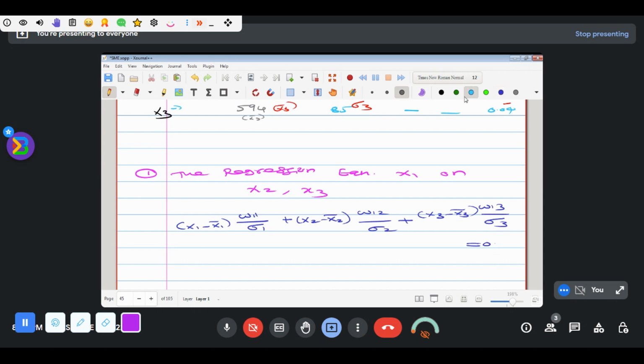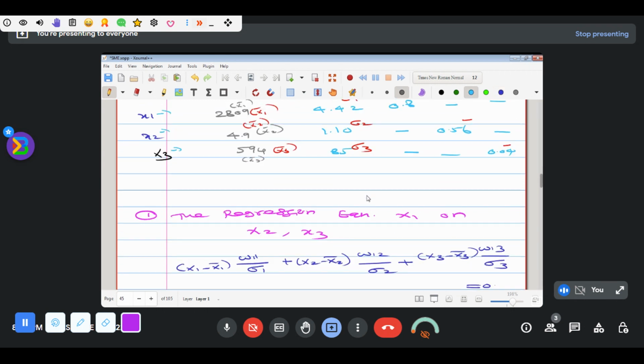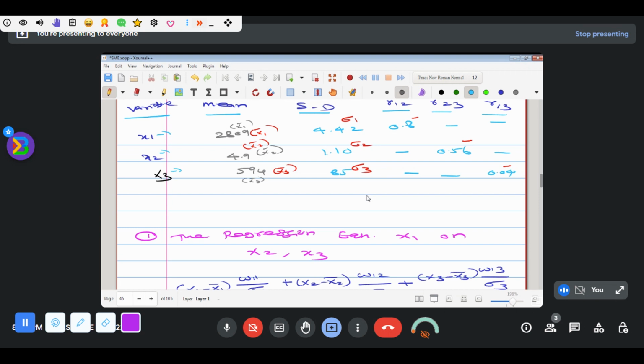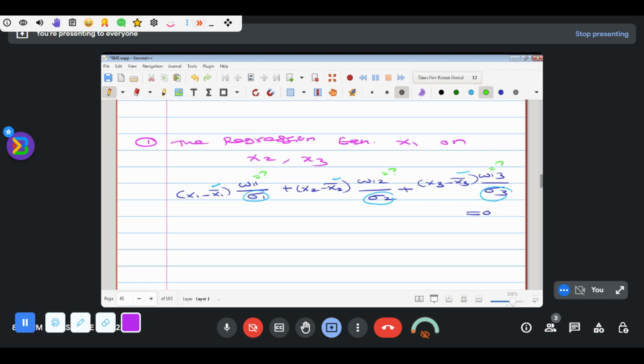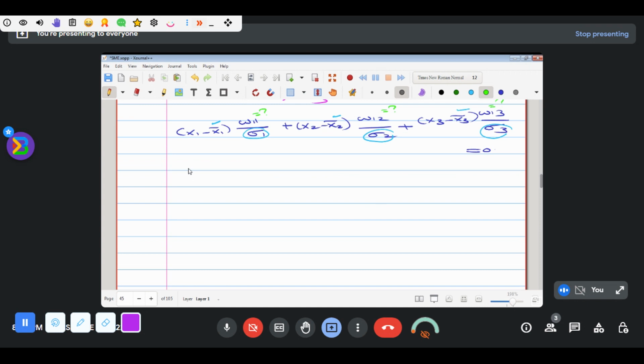What is directly given? The values x1 bar, x2 bar, x3 bar and sigma 1, sigma 2, sigma 3 are directly given. Then you want to find the values of omega 11, omega 12, omega 13, which are needed here.